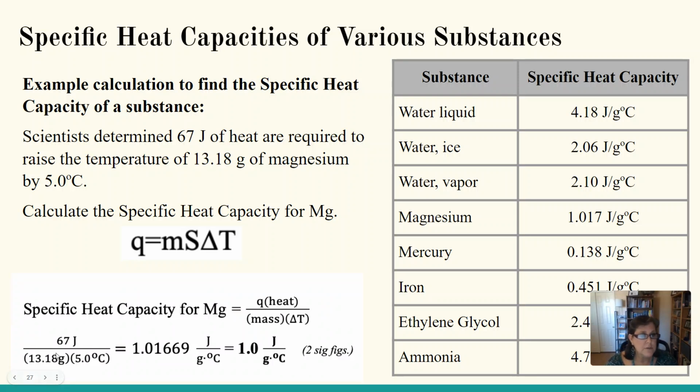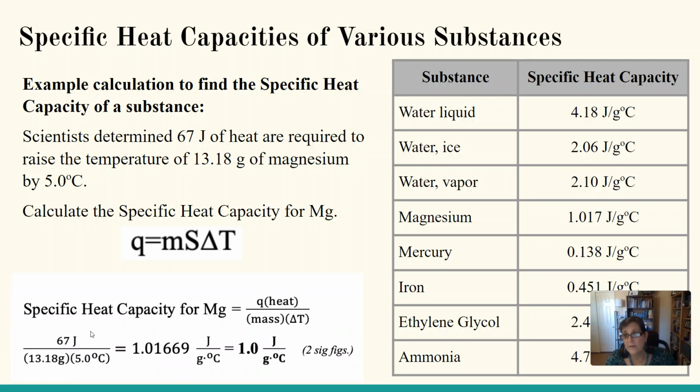So we have joules over grams degrees Celsius. So 67 divided by 13.18 divided by 5.0 equals 1.01669 joules per gram degree Celsius. Sig figs are important. Which has the least sig figs?